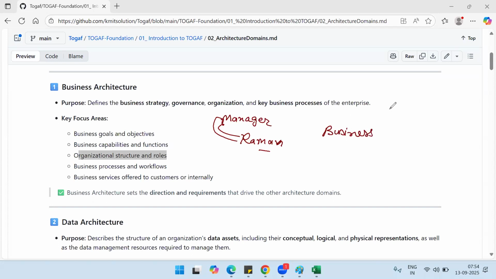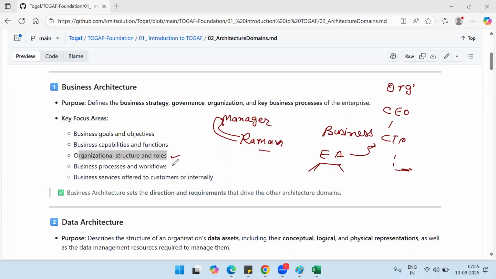For example, there is a CEO, then CTO, then so on, right? This is the organization structure. Where am I reporting to? For example, I am an enterprise architect, I am reporting to CTO. So your role, and whosoever are the parties involved, their roles and organization structure you need to know.